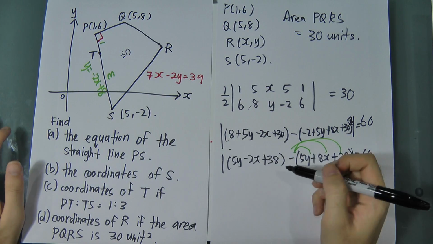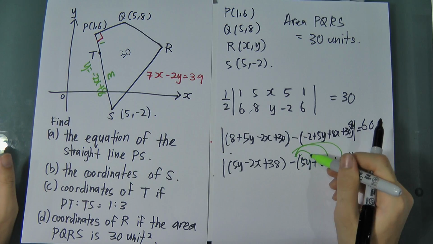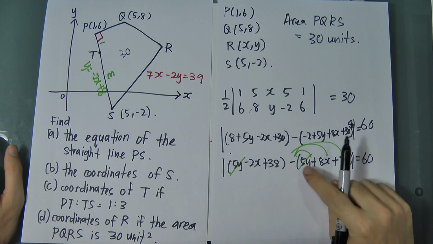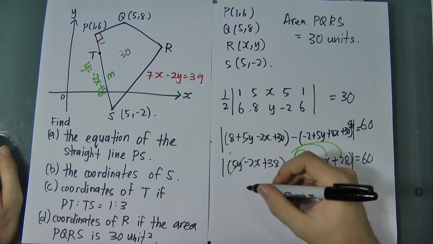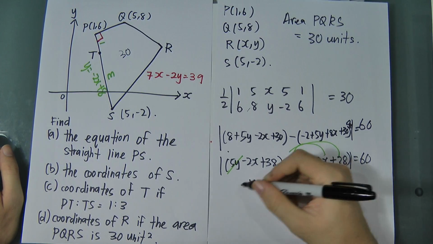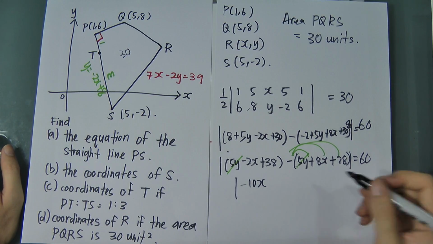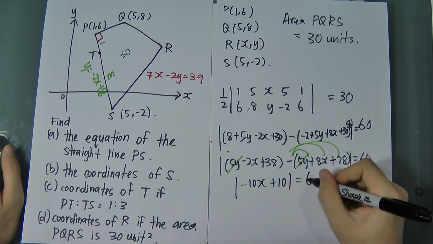So 5y minus 5y, gone, no more 5y. Negative 2x minus 8x, we get negative 10x. 38 minus 28, we get 10, plus 10 equals 60.